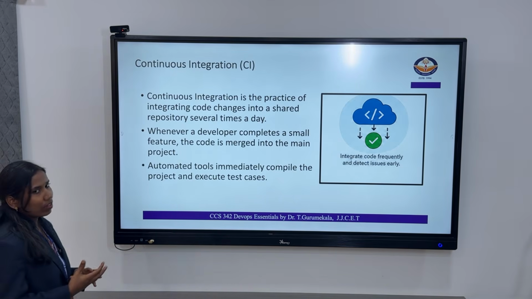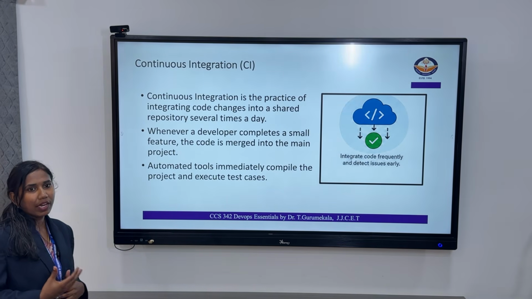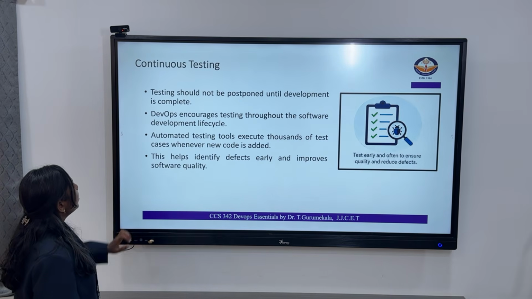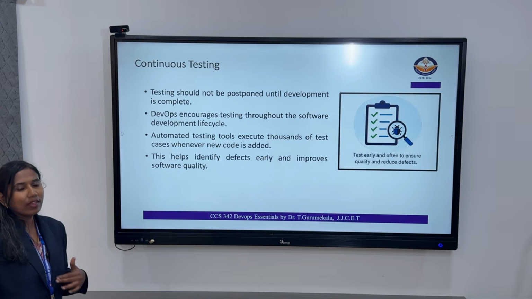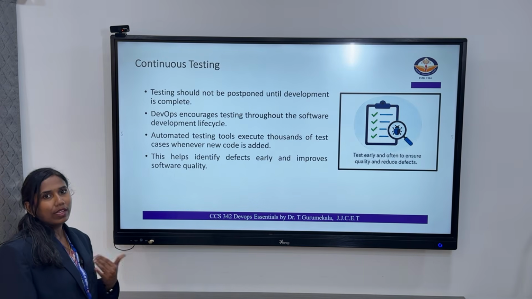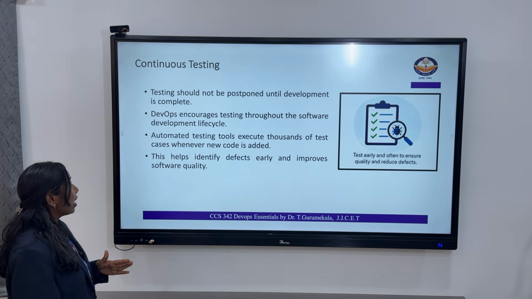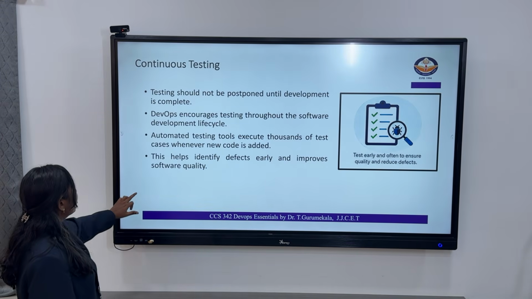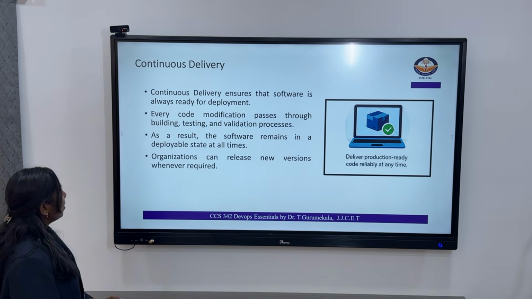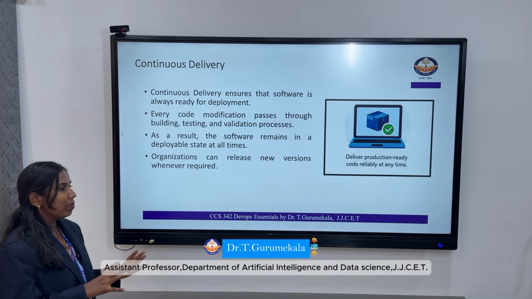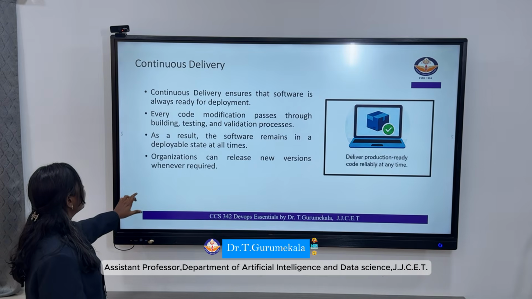Here the features or operations must be continuously integrated into the software product. Then continuous testing means that immediately once the code is integrated inside the software, the testing must be started and finished. Then continuous delivery means the software must always be deployment ready. So this principle ensures that criteria.